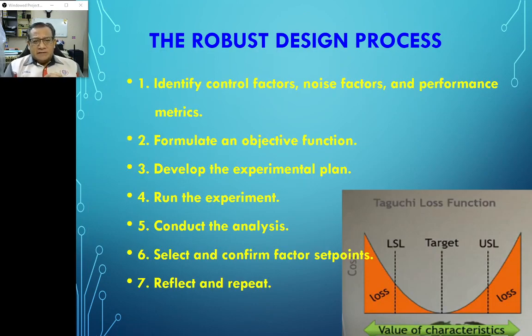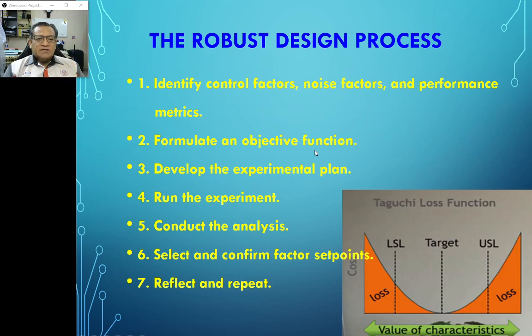So how to achieve this robust design capability? What is the process it takes to achieve this good robust design, which is maximizing the performance while minimizing the variation? First, as discussed in the book, we need to identify what the control factors are, the performance factors, what the noise factors are, and what the performance to measure is. Secondly, we have to formulate the objective function.